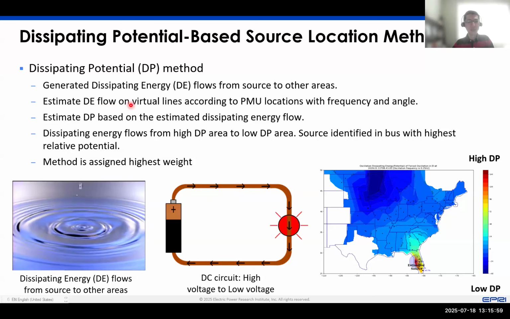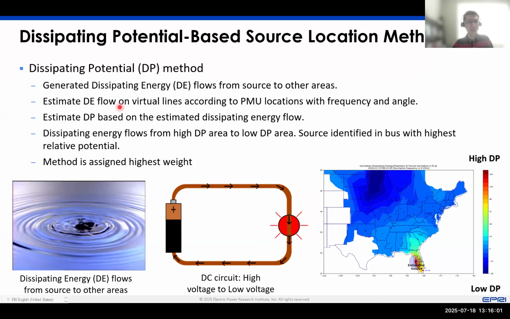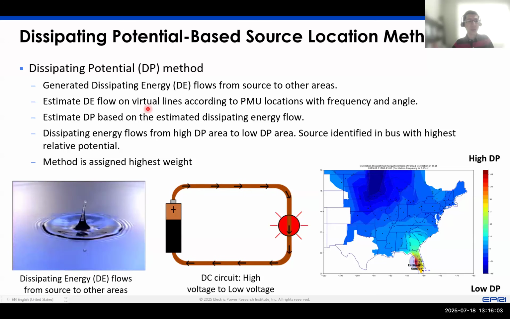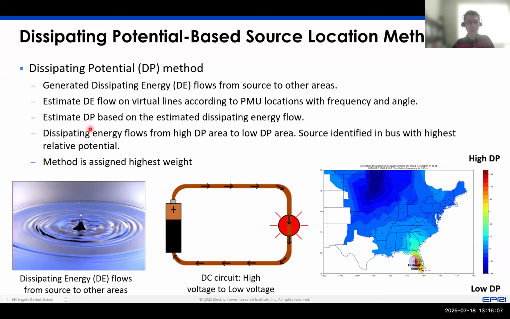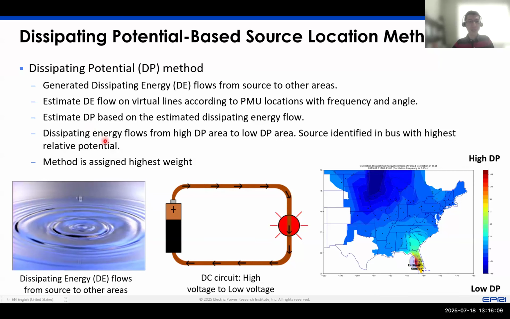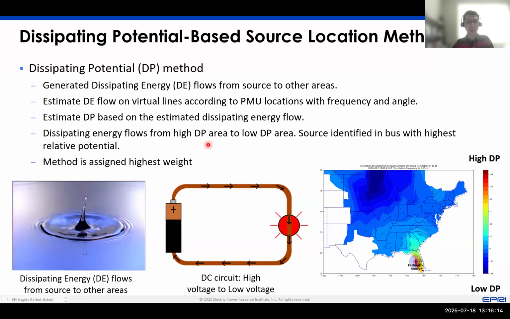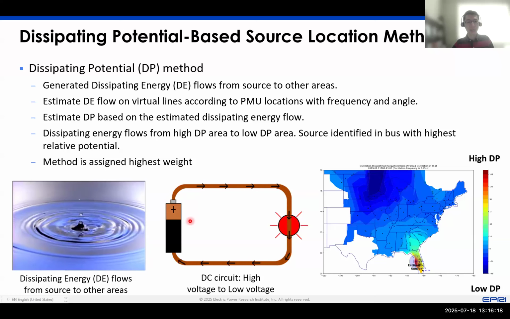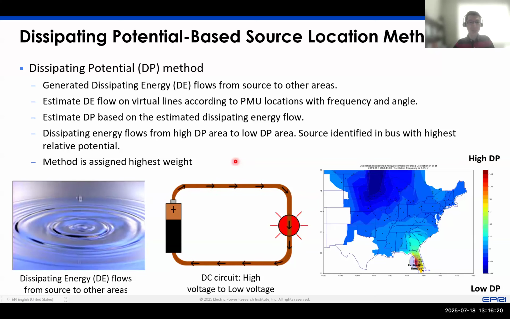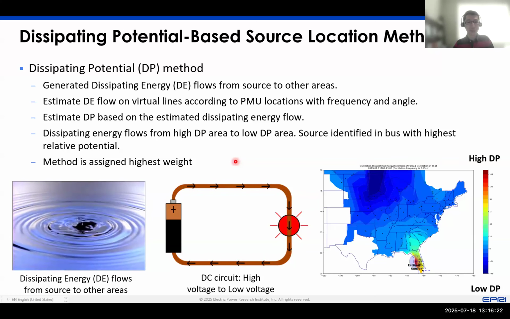Based on the dissipating energy flow of all the virtual lines, we can estimate the dissipating potential at each PMU location. The location with the highest dissipating potential, very similar to the high voltage in the DC circuit, will be deemed the source.